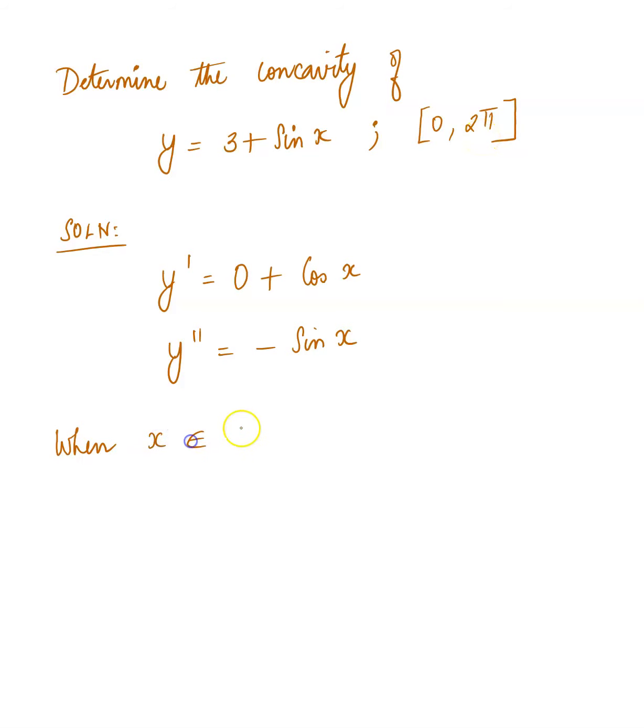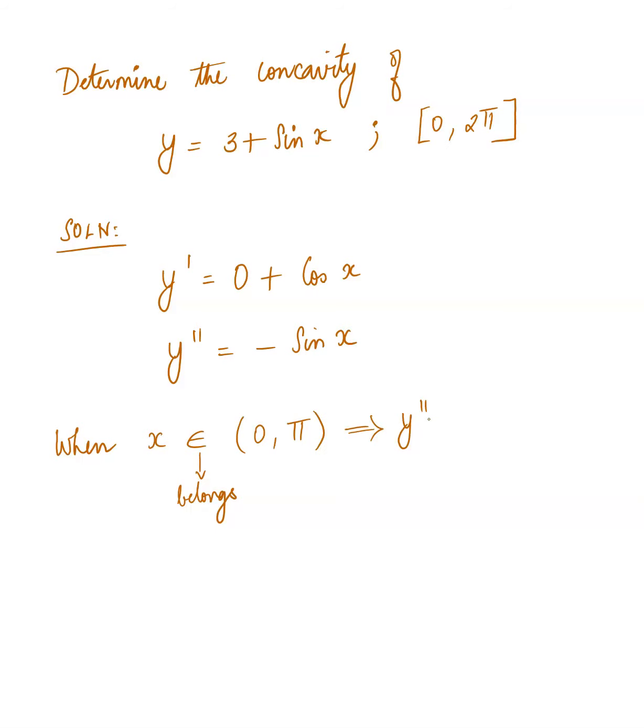So when x belongs to this interval, remember the element-of symbol means belongs. When x belongs to, oh, I have to put an open interval here because I want to look from 0 to pi, we notice that y double prime. So go ahead and pull out your calculator and plug in values. Pi is 3.14, right? So choose values less than that.